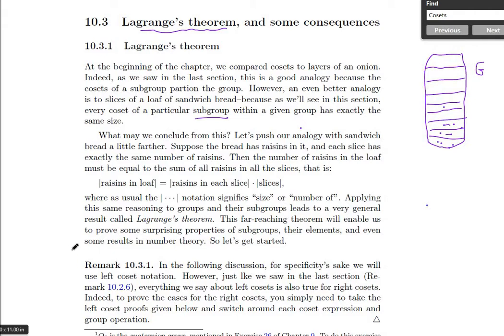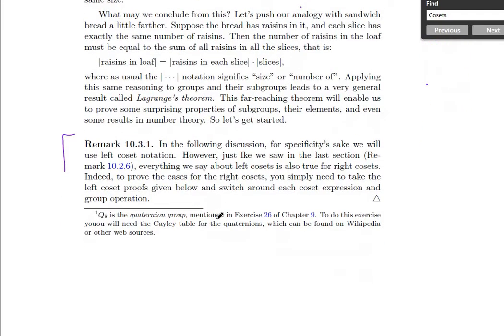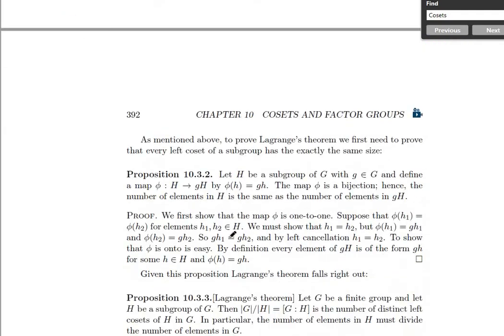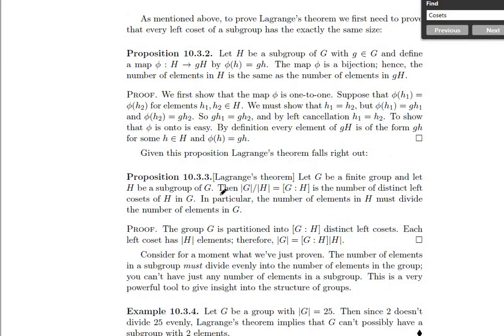Okay. So we'll be talking about left cosets, but everything we say will be true also of right cosets. Now, to show two sets have the same size, our typical tool is to construct a bijection between the two sets. And if there's a bijection, they'll have the same number of elements.